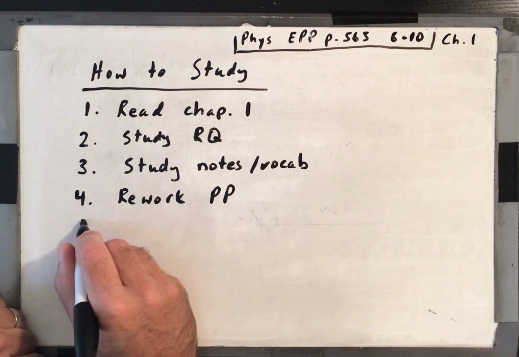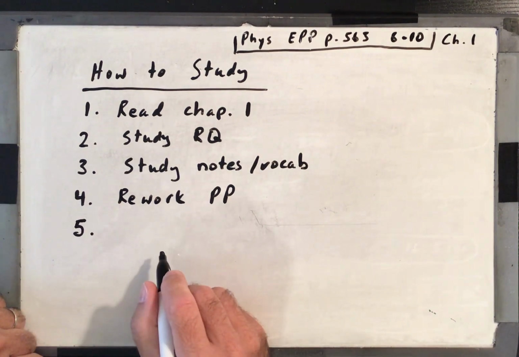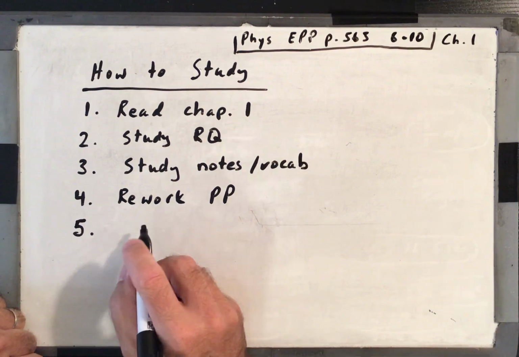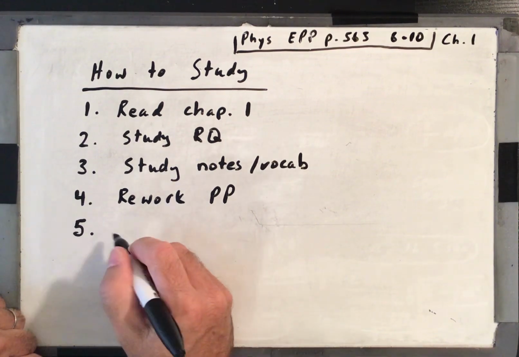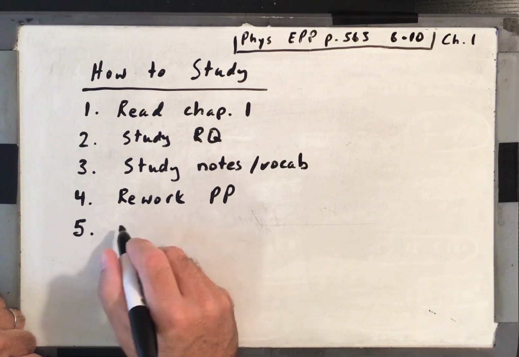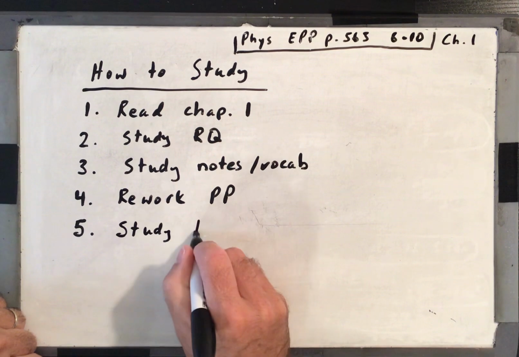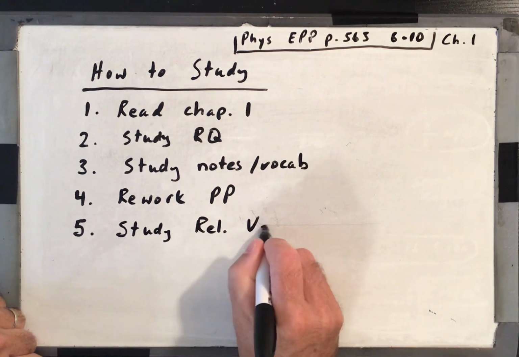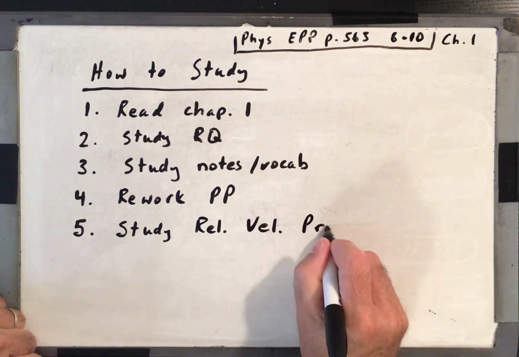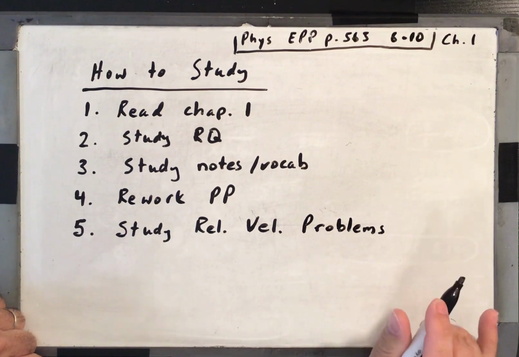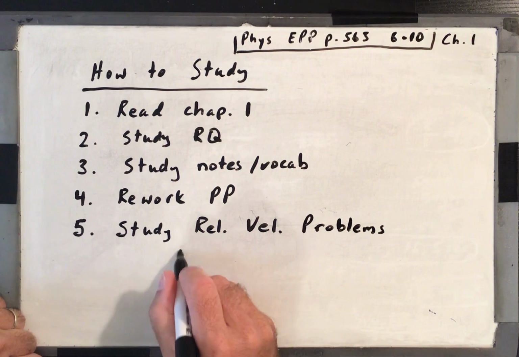And then one thing I want you to make sure not to forget: our practice problems and extra practice problems did not include relative velocity problems, even though our notes did. So study the relative velocity problems. Study the blue example in the book and the notes.